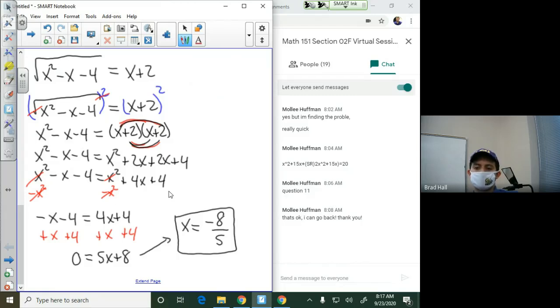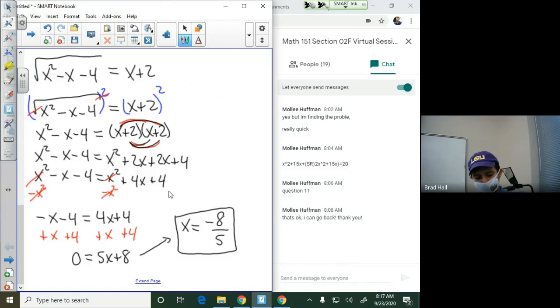I mean, you can plug in negative 8 over 5 as well. It's kind of a hassle to plug into this whole thing. And I'll check it just for completion's sake. It's one of those things where the workbook problems are harder than the ones in my math lab, and you won't have to check situations like that. So this is what I'm trying to say.